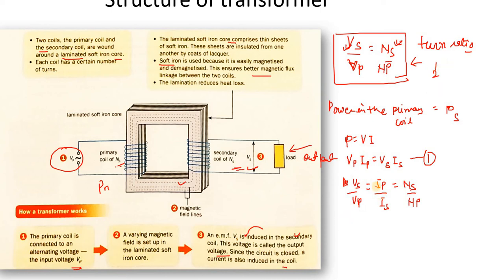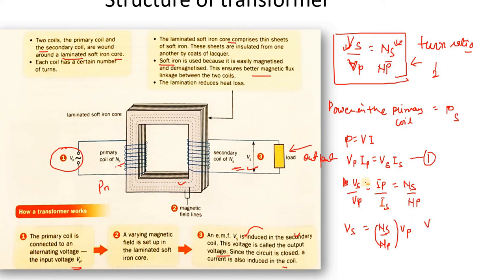So if I want to know how much the voltage is more, can I say that Vs will be Ns by Np into Vp? It means whatever turn ratio we have, that multiplication will be with the primary voltage, and you will get this answer. So what does it mean?